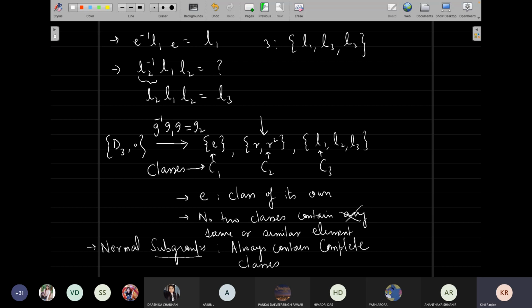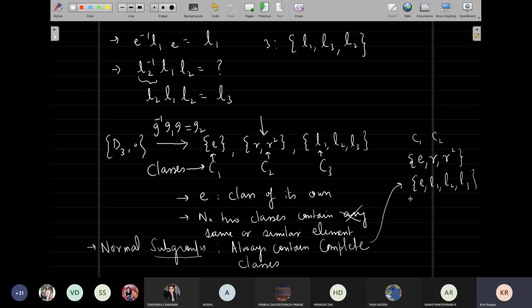What in essence I am saying is that if I want to make a subgroup, then it will be E, R, R square as either C1, C2, or it will be E, L1, L2, L3.